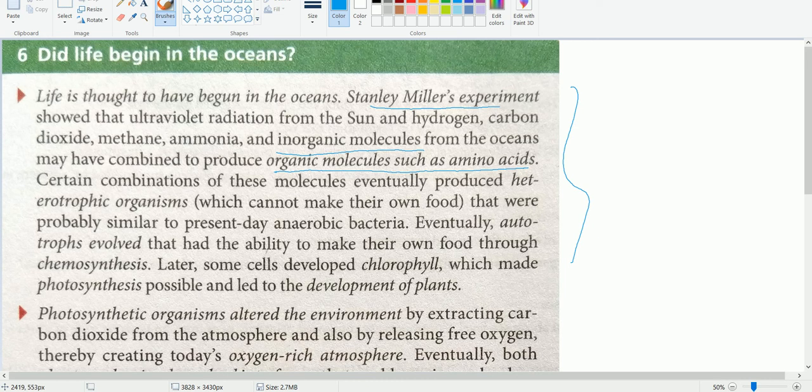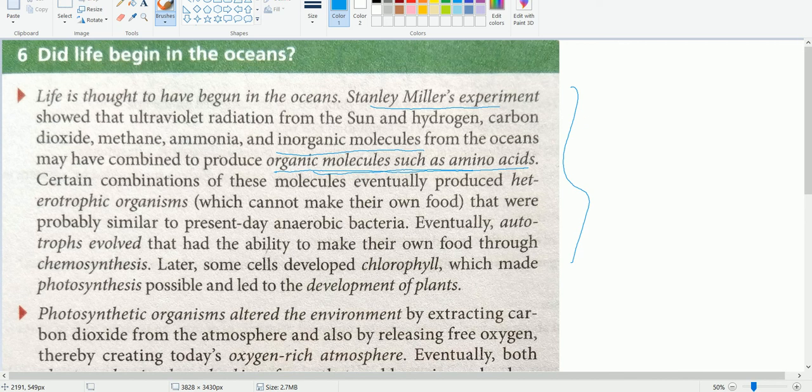So according to Stanley Miller, these ultraviolet rays, sunlight, hydrogen, carbon dioxide, methane, ammonia, and other non-living inorganic molecules reacted together to produce organic molecules, such as amino acids. He also got this as per his experiment.